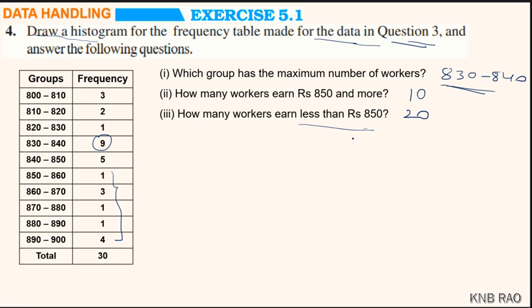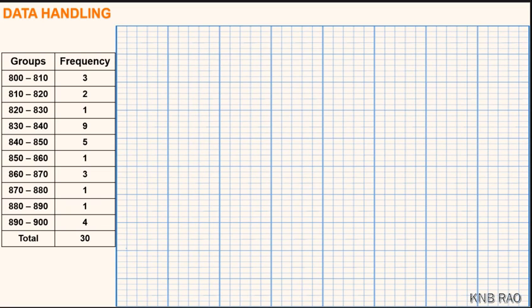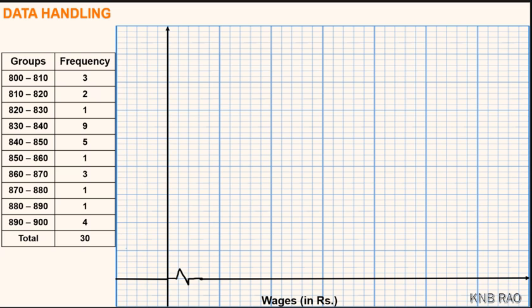Now let us go for drawing the histogram. Here I am taking the table and going for drawing the histogram. So I took a graph, drew a horizontal axis and a vertical axis, taking wages in rupees on the horizontal axis and number of workers on the vertical axis. I am taking a scale. What would be my scale?